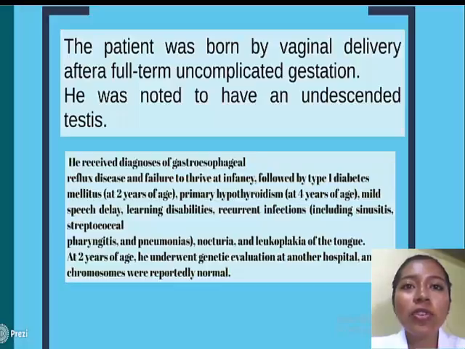At 2 years of age, he underwent genetic evaluation at another hospital, and the chromosomes were reportedly normal.